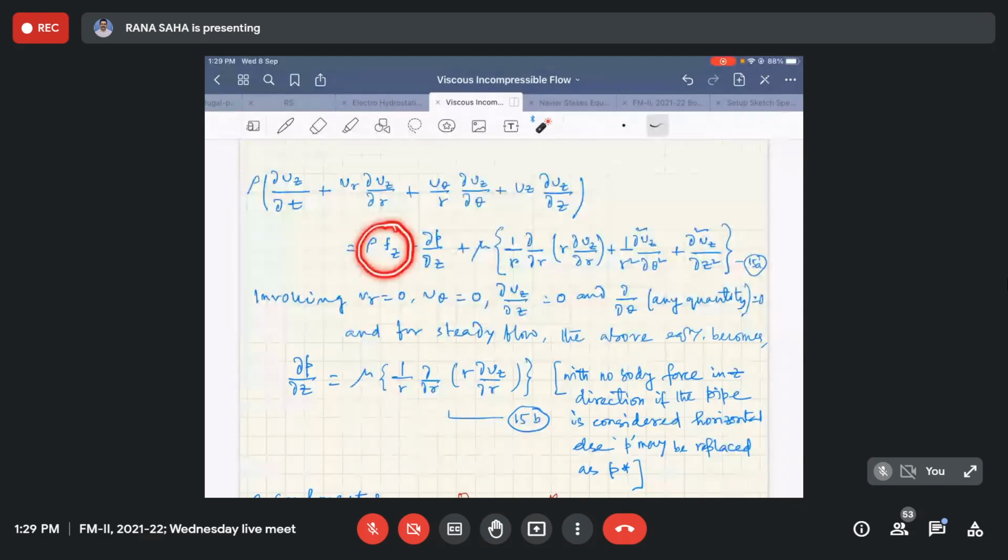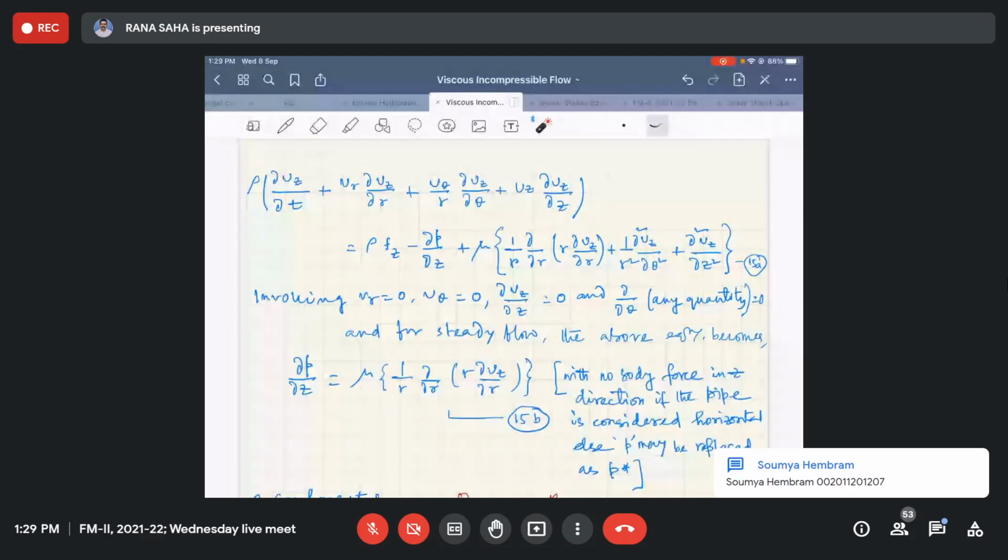But it is not the case maybe for any situation. You may have a pipe which is at some inclination with horizontal. You may have a pipe which is completely vertical. So in those cases, your body force term rho Fz may not be equal to 0.